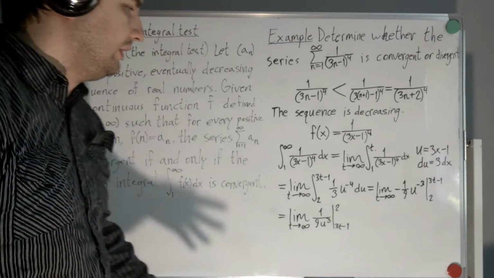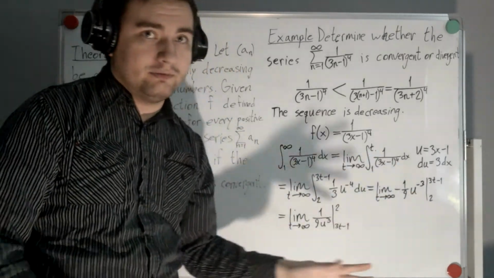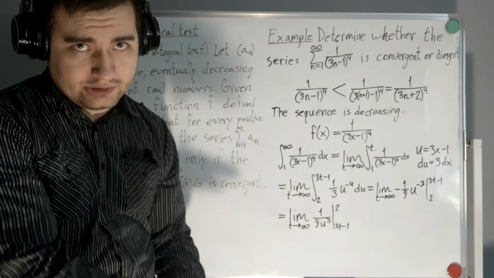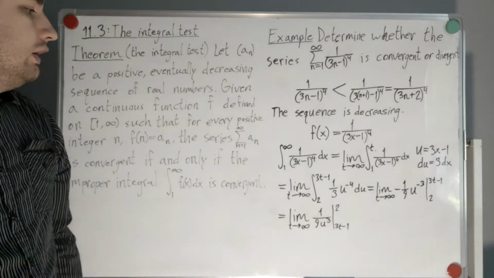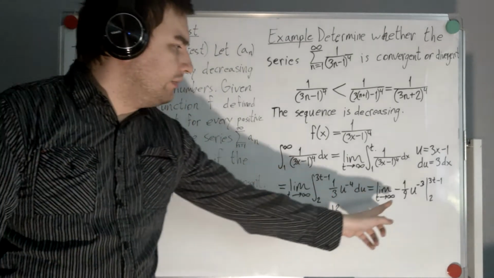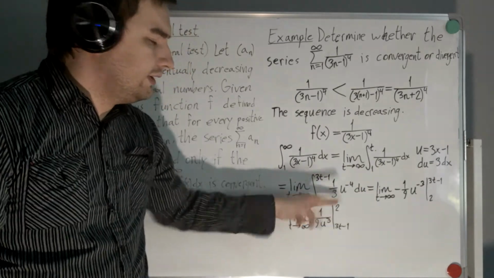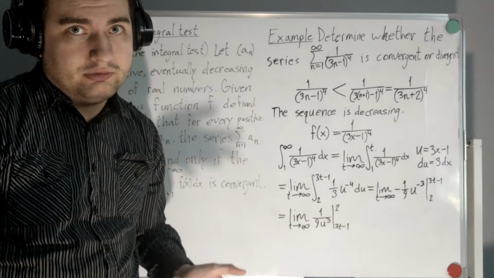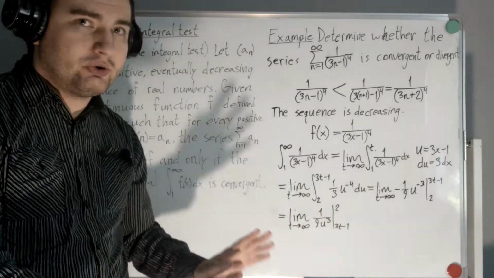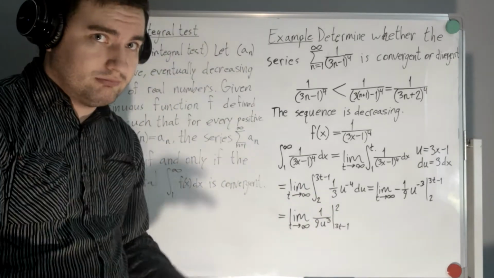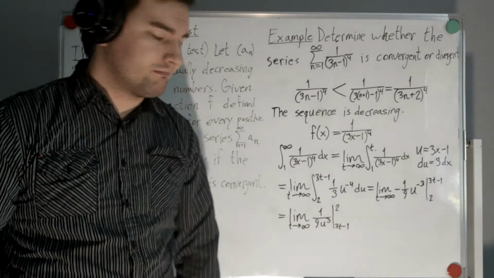The first thing I'm doing there is saying u to the negative third is the same as having u to the third in the denominator. And the other thing I'm doing is negating the whole thing and flipping the bounds, which you can do as long as you're willing to negate the thing that you're dealing with.